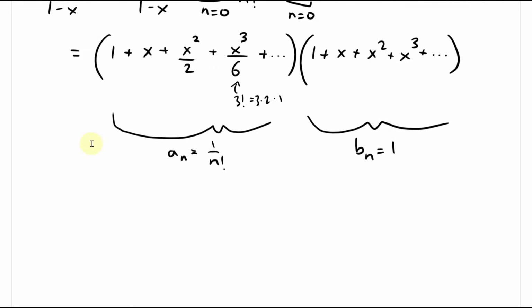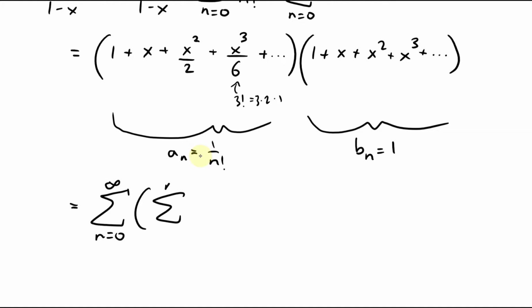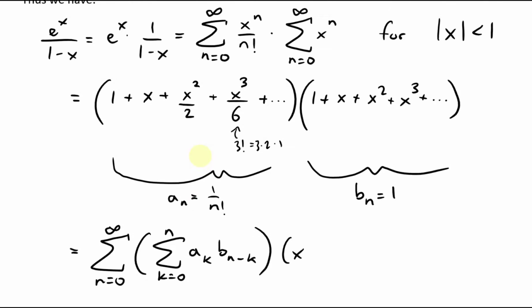Now this entire multiplication equals, remember our formula, the summation up to infinity from n equals 0, of the convolution, the sum from k equals 0 up to n of a k times b n minus k, times x to the power of n.